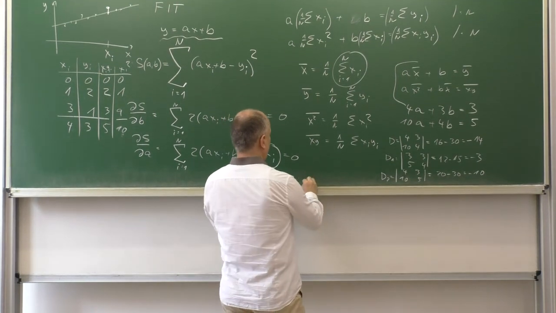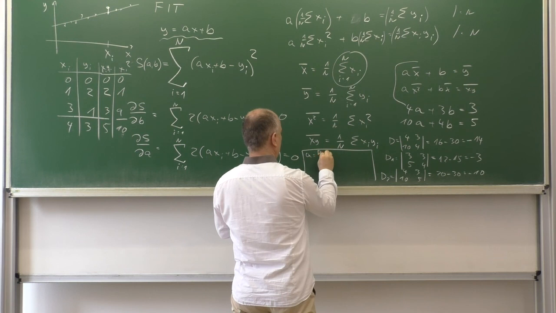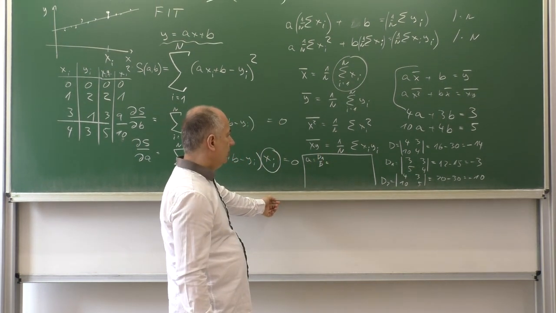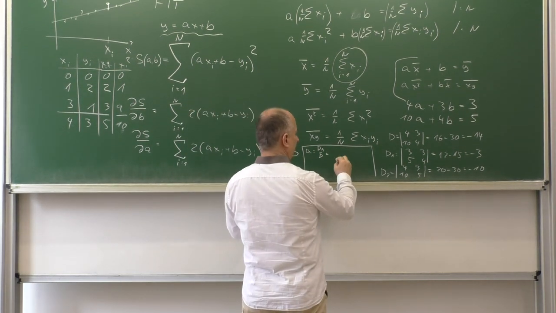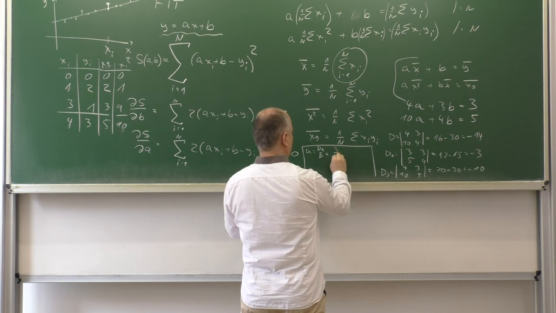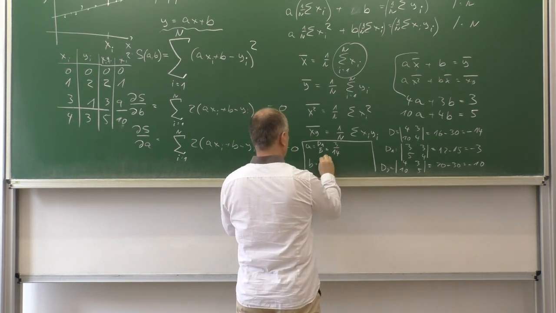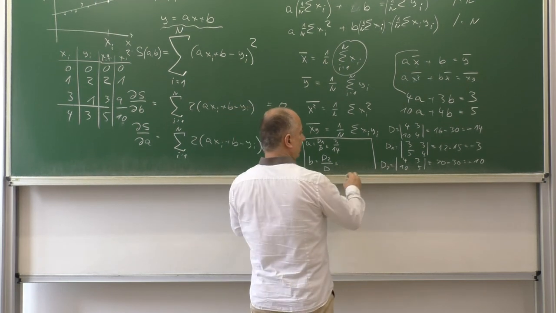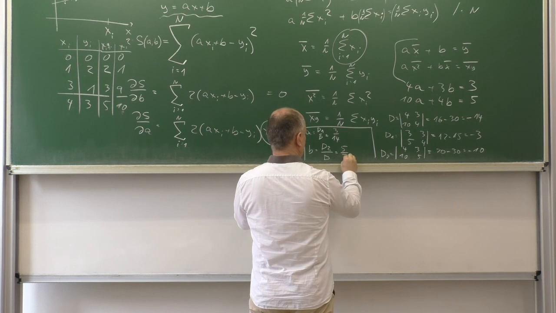So the result is a is D1 divided by D, which is minus 3 divided by minus 14, which is 3 divided by 14, and b is D2 divided by D, which is minus 10 divided by minus 14, which is 5/7.